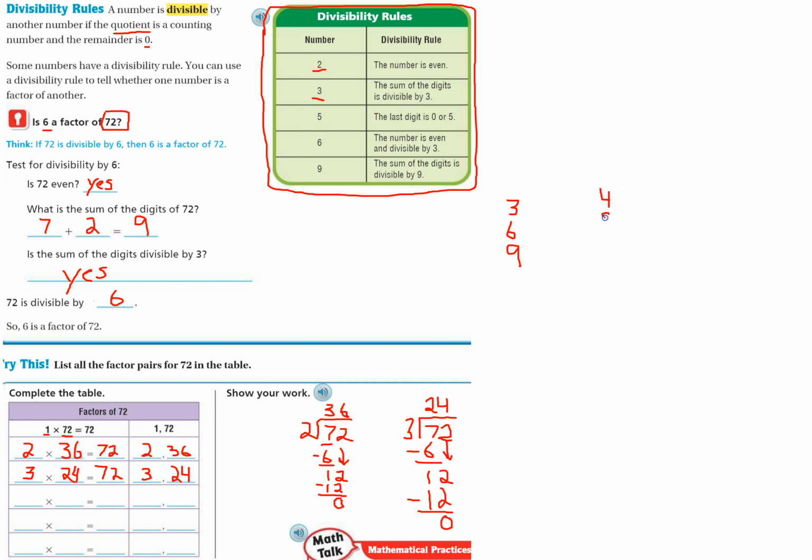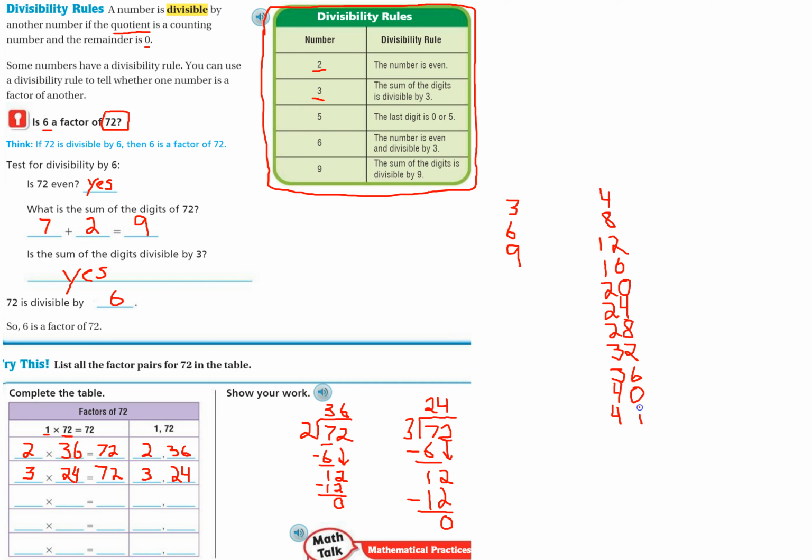So 4, another 4 would be 8, another 4 would be 12, another 4 would be 16, another 4 would be 20, another 4 would be 24, another 4 would be 28, another 4 would be 32, and 36, and 40, and 44.